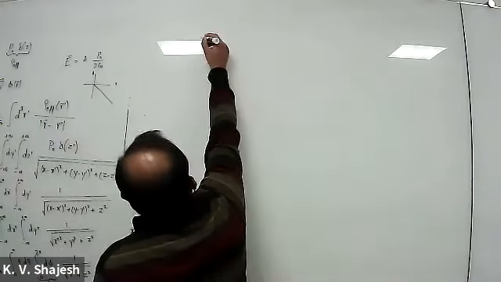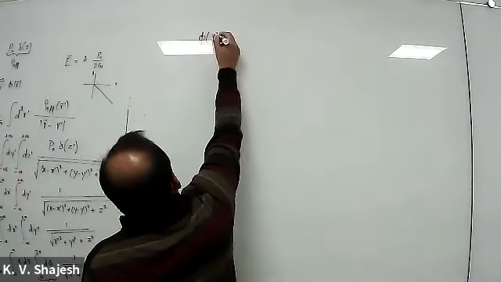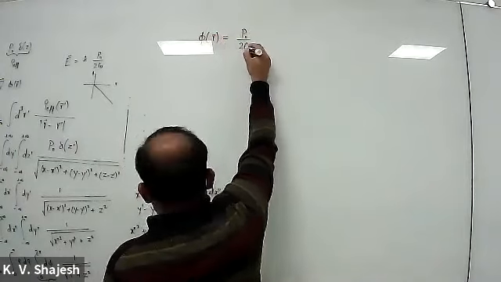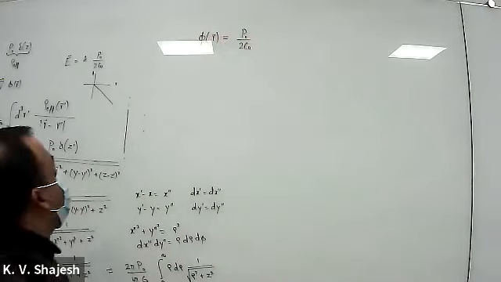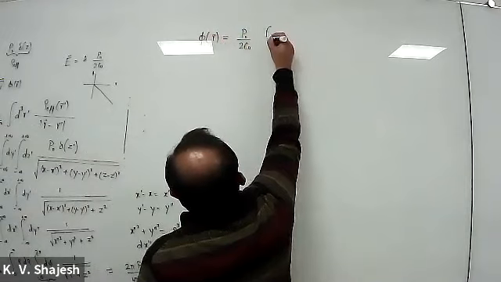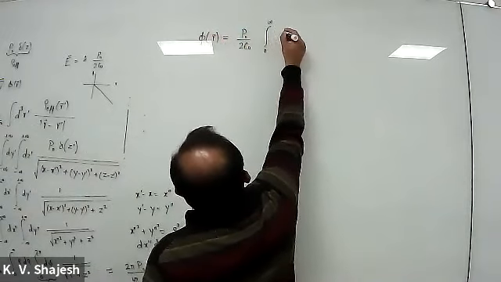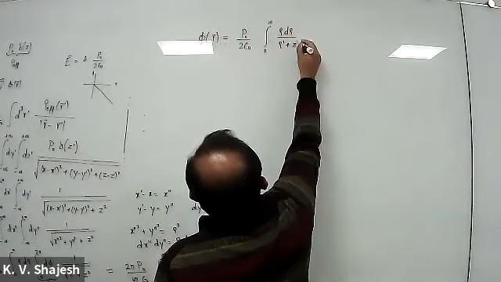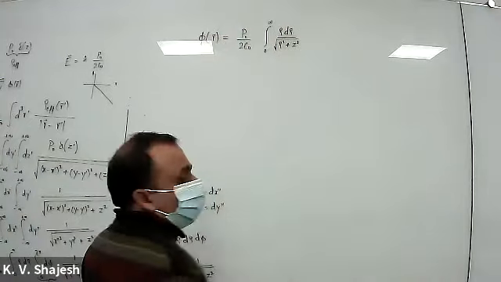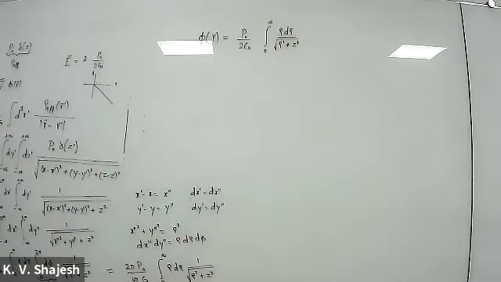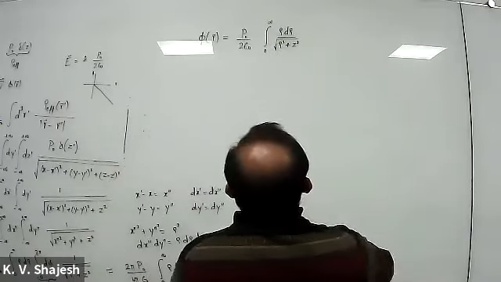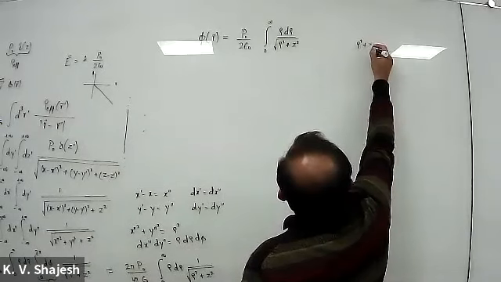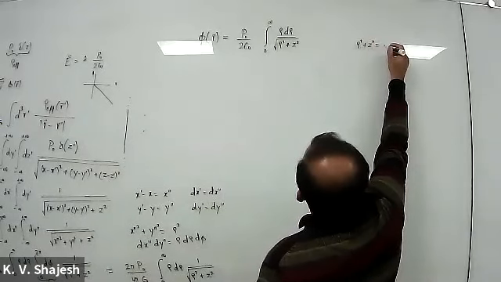So we have the electric potential given as P naught over 2 epsilon naught. I cancel the 2 pi and 4 pi. And this is the integral from 0 to infinity of rho d rho over rho squared plus z squared. An immediate substitution would be rho squared plus z squared is equal to t squared.